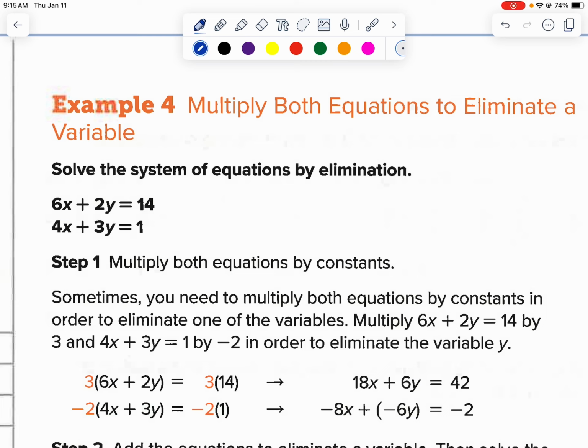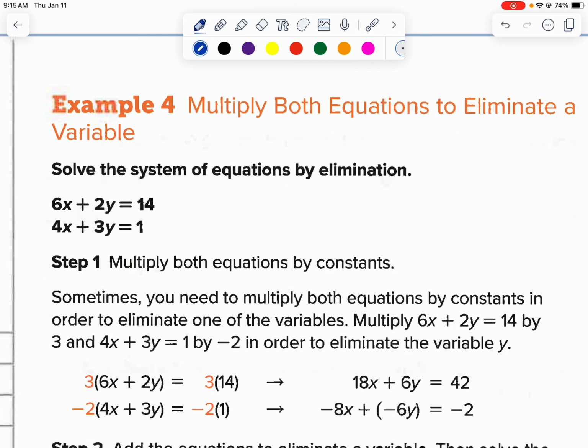Now this time around, if I look at both of the equations here, neither one of these equations has a 1 as a coefficient. So I need to multiply both equations by something.